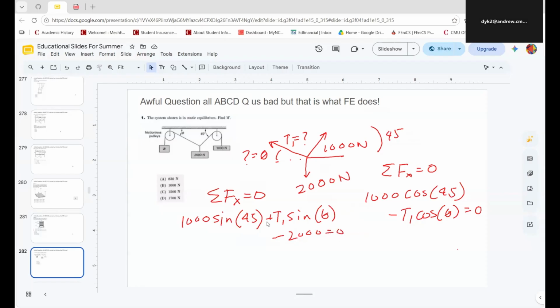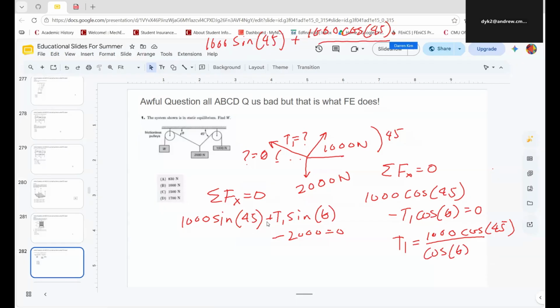And now we know T1 equals, with cosine on the bottom, negative, negative, so 1000 cosine 45 over cosine theta. Then we move it over here, so we have 1000 sine 45 plus 1000 cosine 45 divided by cosine theta times sine theta minus 2000 equals 0.